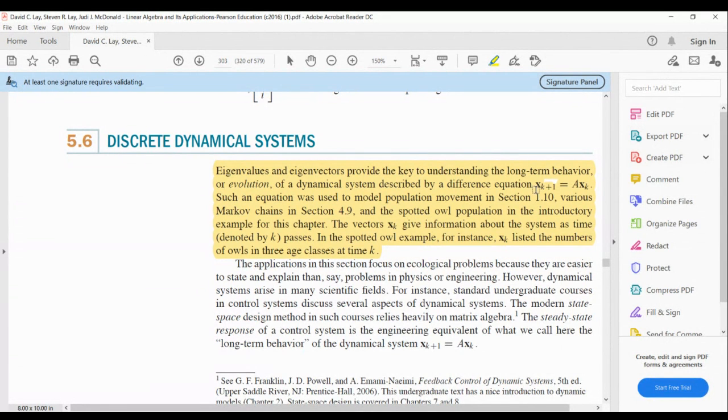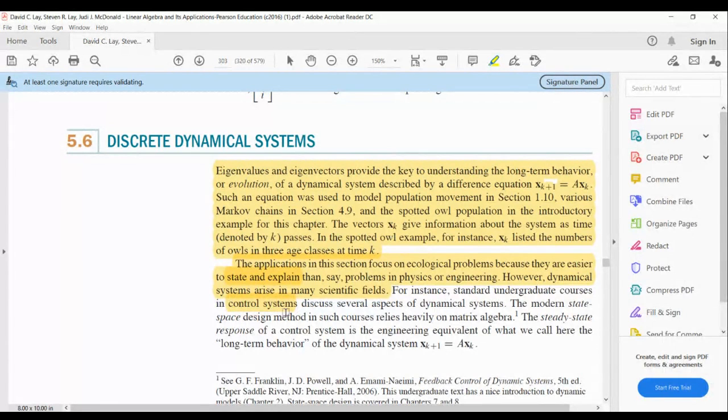The applications in this section focus on ecological problems, which are easier to state and explain than problems in physics or engineering, but dynamical systems arise in many fields. They talk about undergraduate courses in control systems.